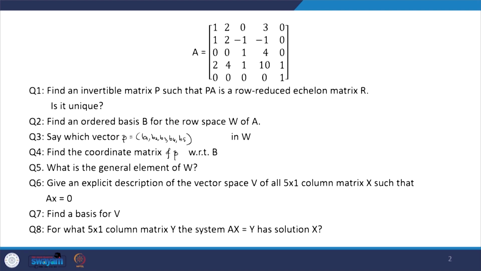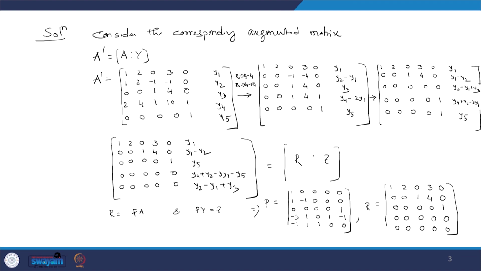Now, what is the third question? Which vector beta, equal to B1, B2, B3, B4, B5, is in W?